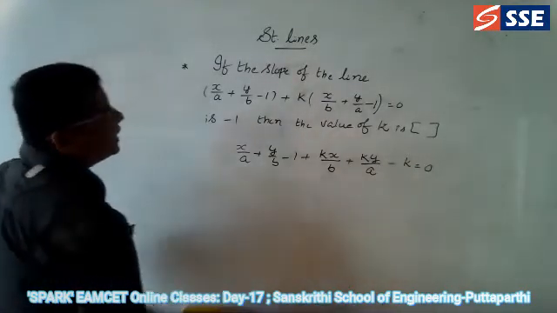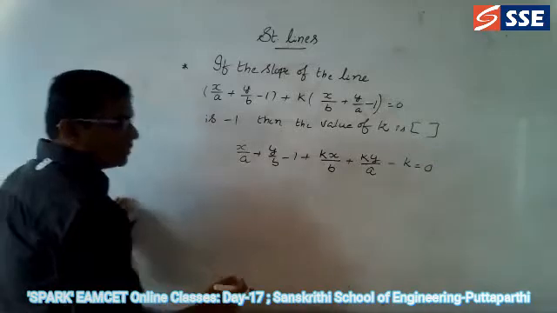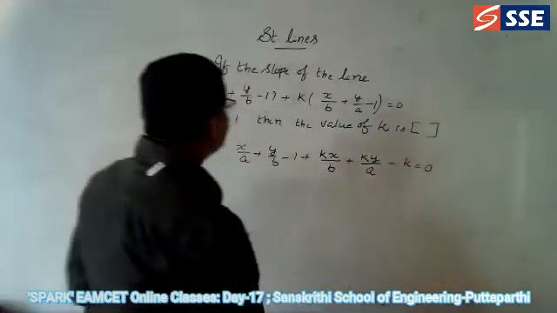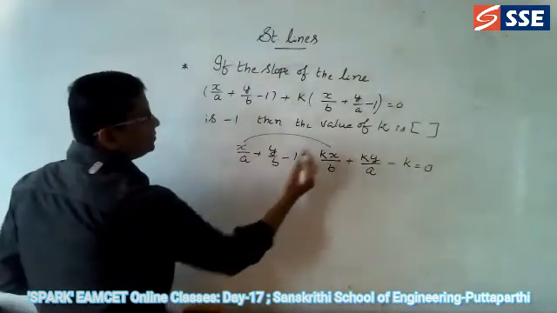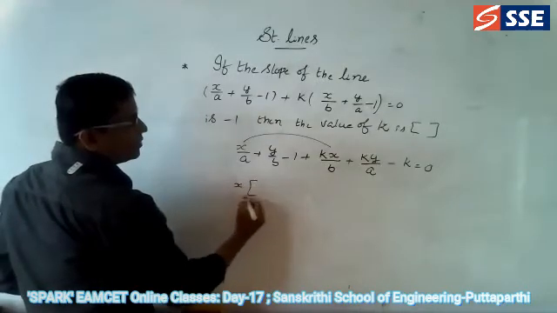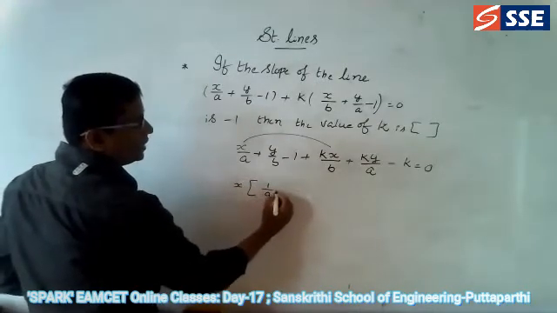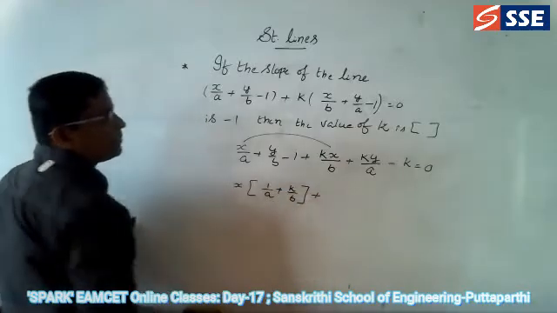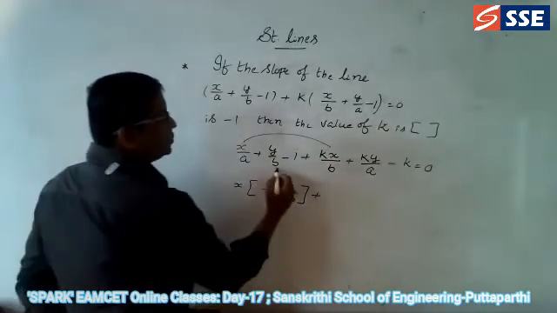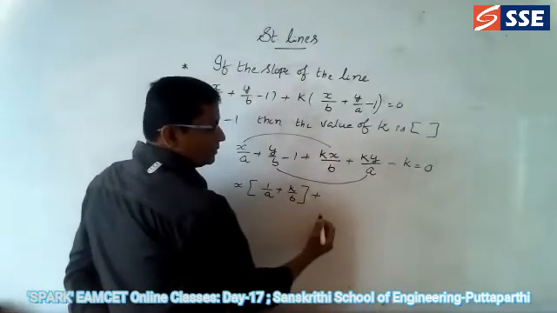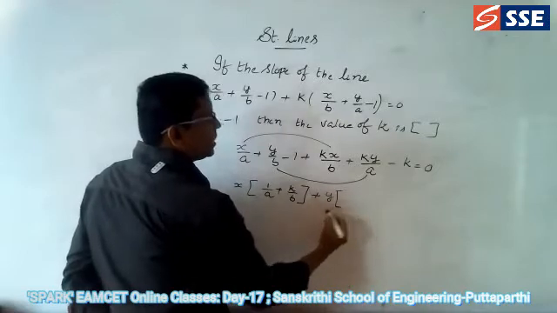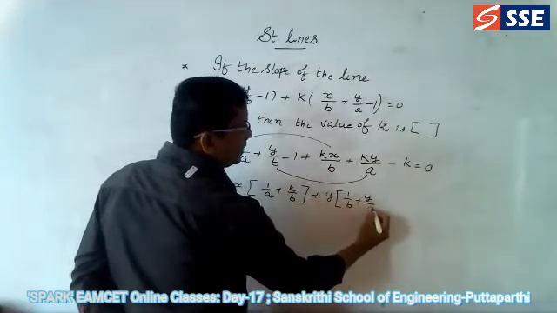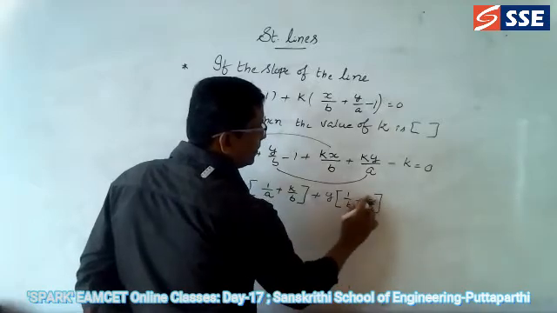Now you can take x terms separate and y terms separate. Take x as common in these two terms: 1 by a plus k by b. Plus, in these two terms take y as common: 1 by b plus k by a.